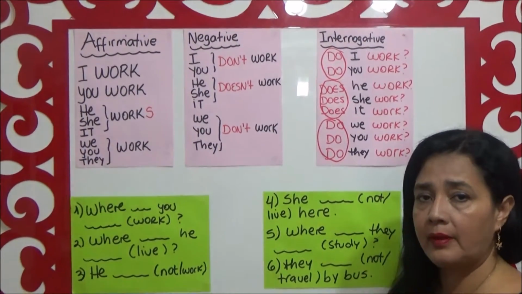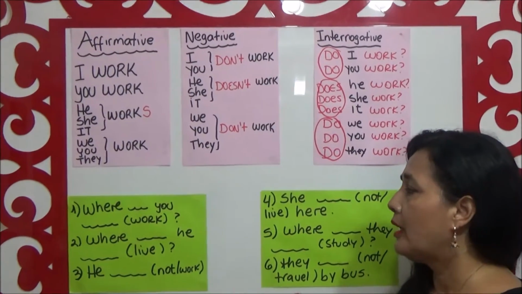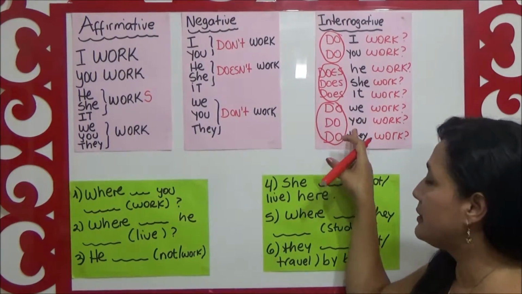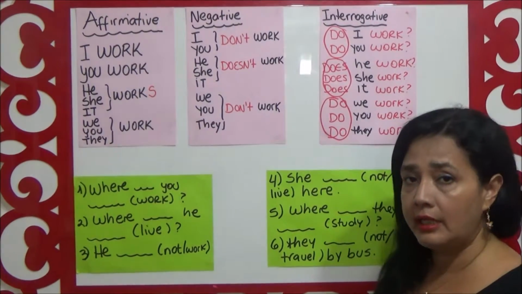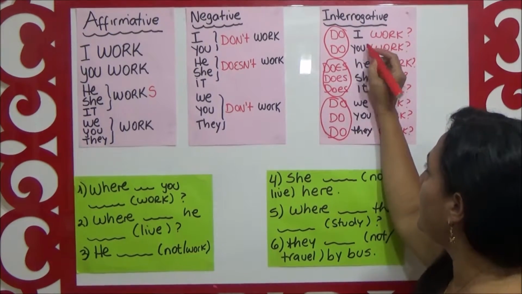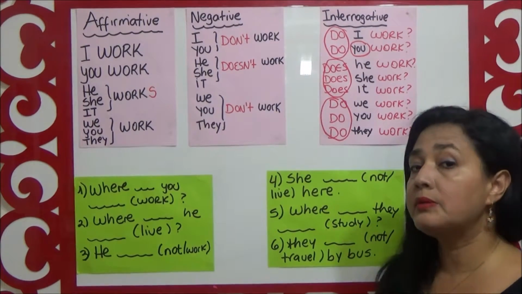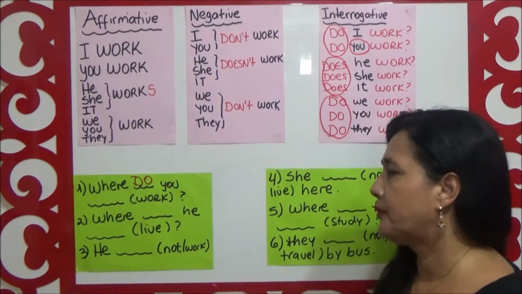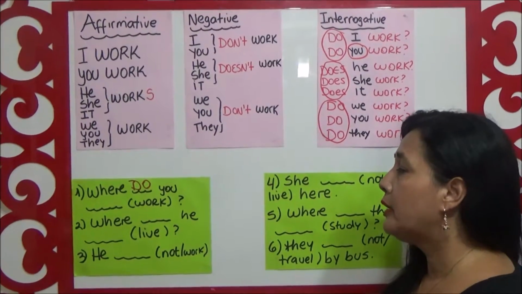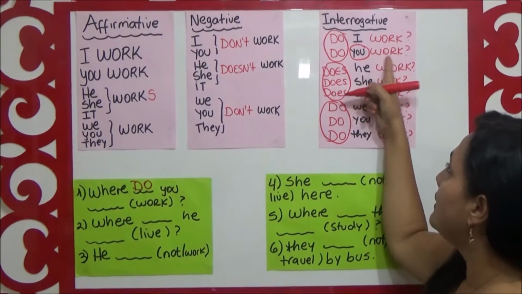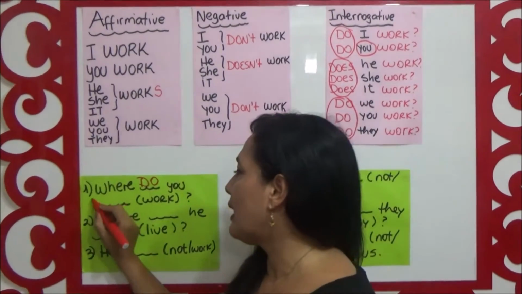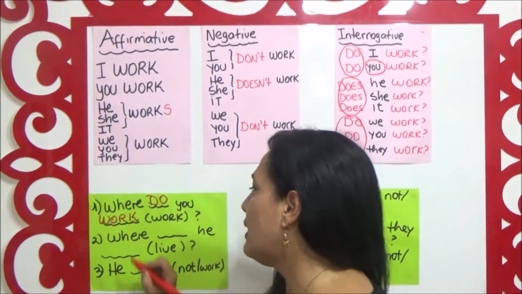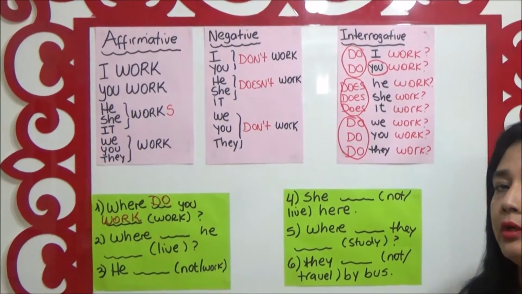First of all, it's an interrogative sentence, so we need an auxiliary. The subject is you, so what auxiliary do we need? Do. The question is, where do you work? As you can see, the verb remains in the infinitive.